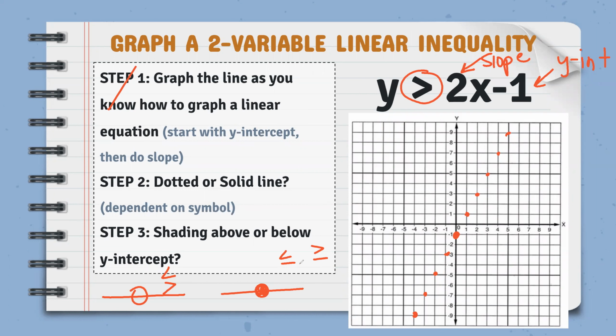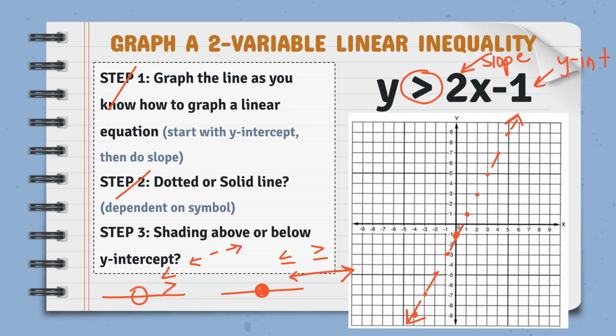If it is a less than or greater than, you are going to have a dashed line. If you have a greater than or equal to or less than or equal to, you're going to have a solid line. So with this symbol, what do you think we're going to have? It is a dashed line.